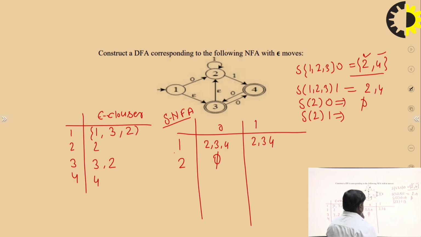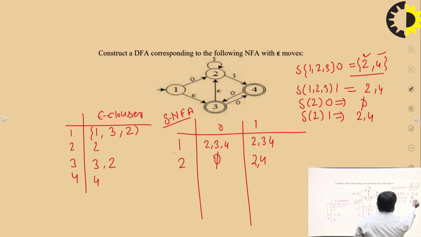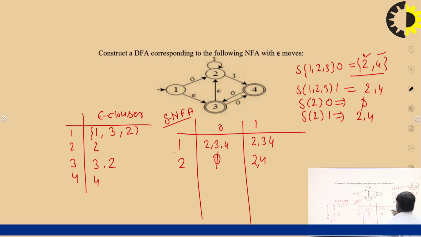For state 2, the transition on 1 is available, that is 2 and 4. And the closure of 2 and 4 is 2 and 4.